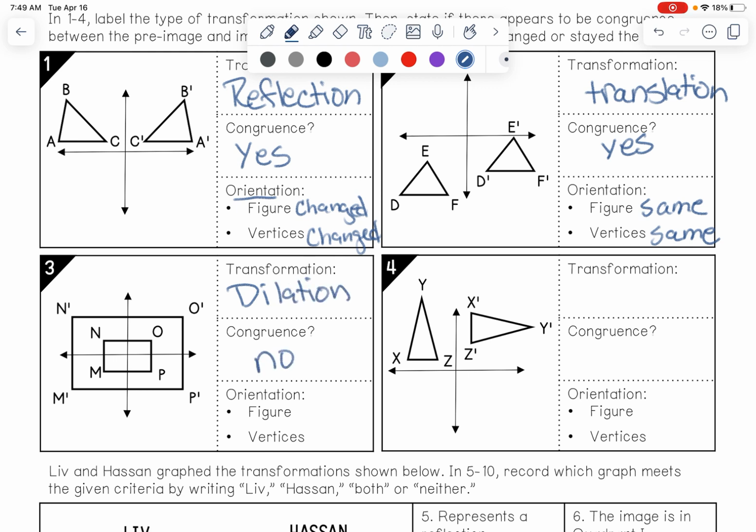It's not congruent because it changed size, and for something to be congruent, it has to be the same size and same shape. But everything else stayed the same. It's still facing the same direction. And for the 4th one, it's a rotation. It is congruent. The figure's orientation changed, but the order of the vertices stayed the same.